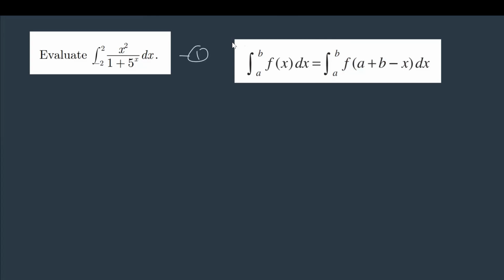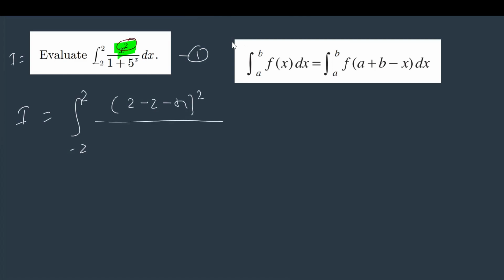I mark this as equation 1 only and say I is equal to. So if we continue writing, by applying the property, the numerator will now become a plus b minus x. A is what? A is 2, and b is minus 2, so minus b. And make sure you're writing the square outside, right? The square is over the whole x.